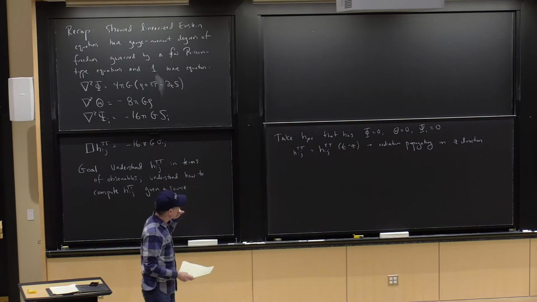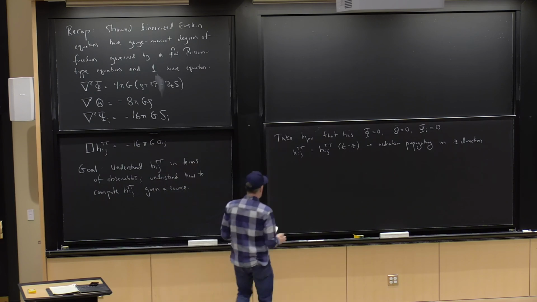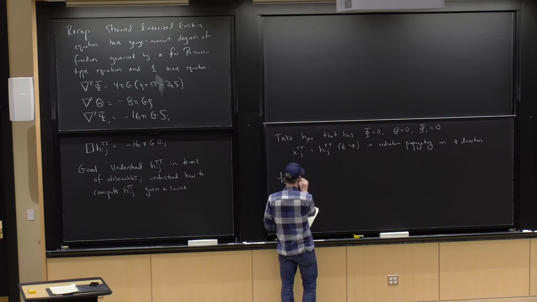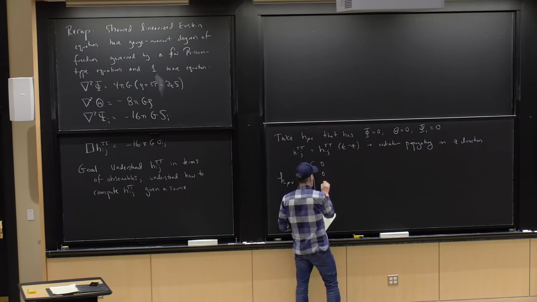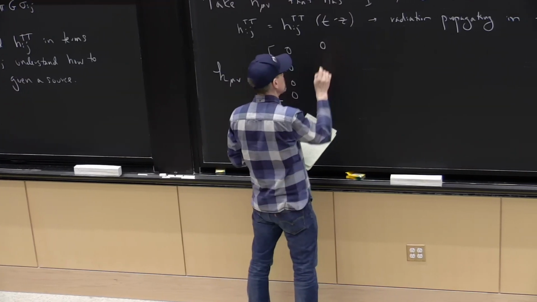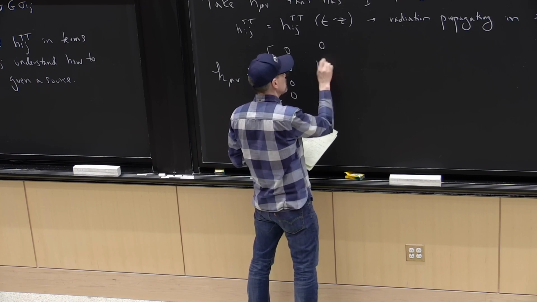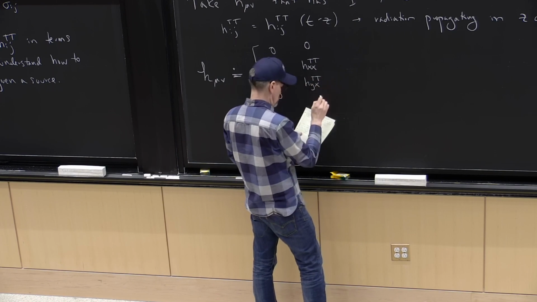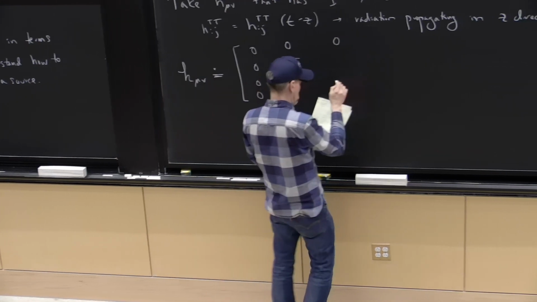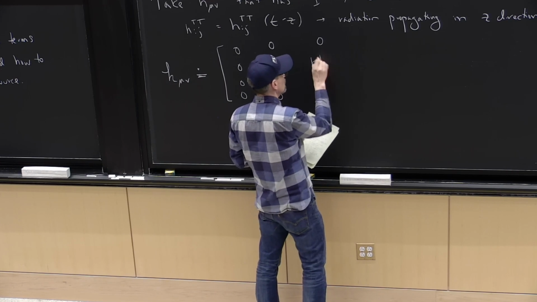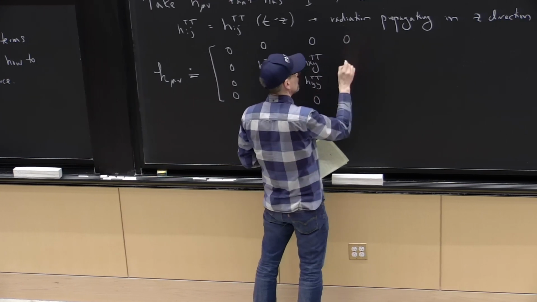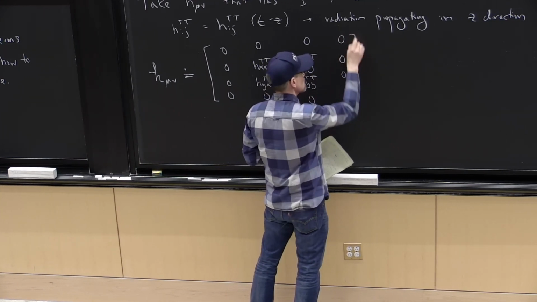So this assumed form can be represented by the following matrix. Okay.